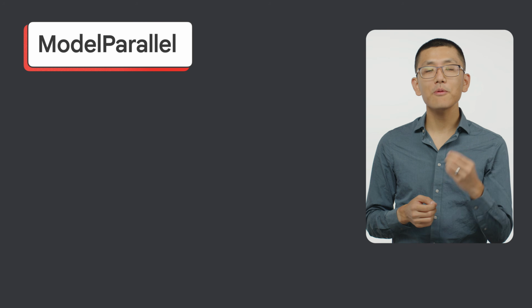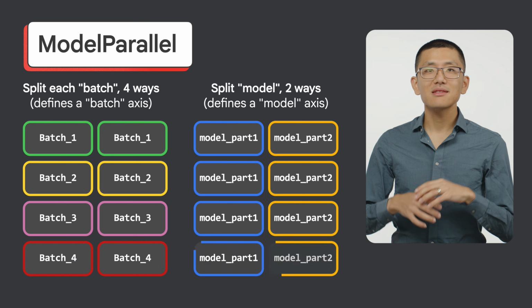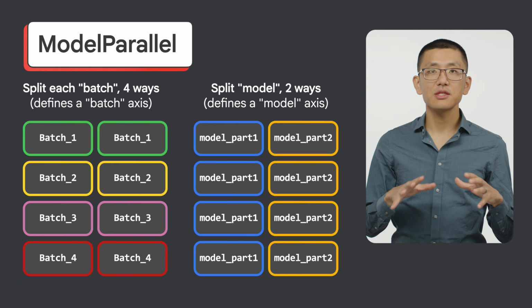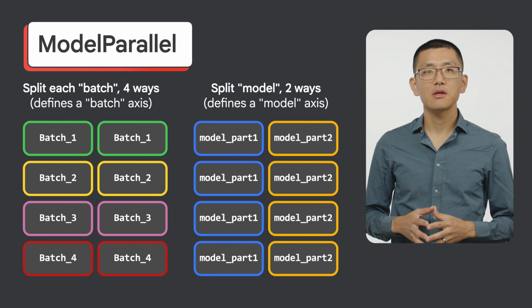Now let's consider the other type of parallelism, splitting up your large model across multiple devices. When model weights are just too large to fit on a single accelerator, use the ModelParallel strategy. This enables horizontal scaling by splitting weights or activation tensors across all devices on the device mesh.